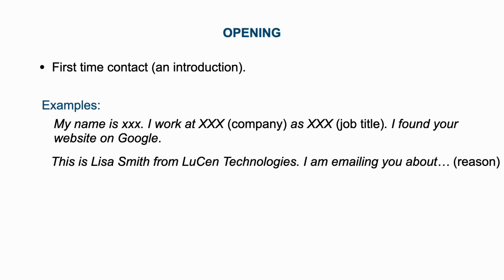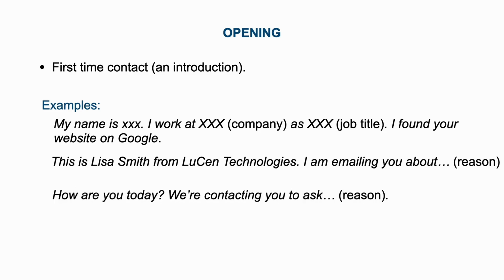I am emailing you about, then give a reason. How are you today? We're contacting you to ask, and then your reason again. In this final example, the writer uses we're or we are instead of I to stress the company identity above the individual.